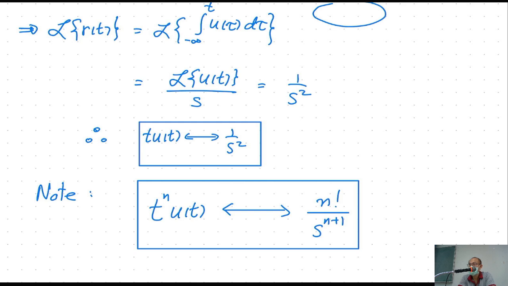Why is that so? You can prove it. It's not that difficult, quite straightforward to do. But if you don't want to prove it, you just remember the formula here.